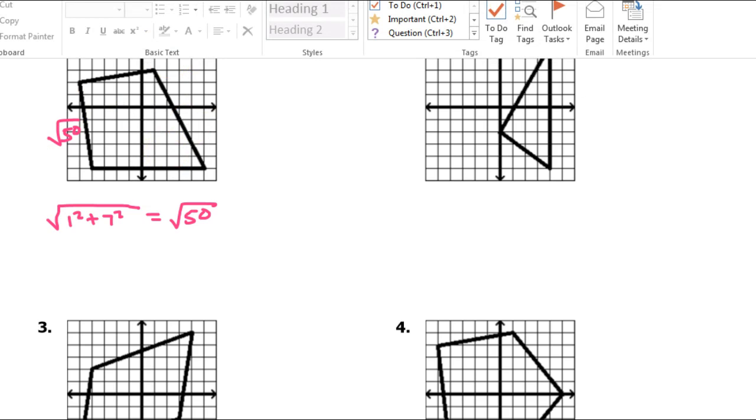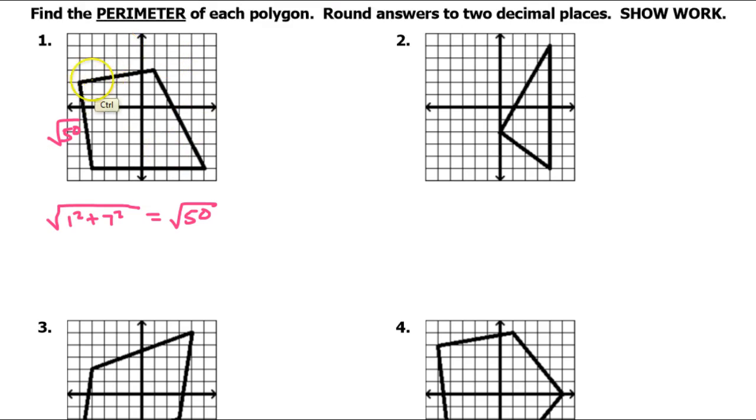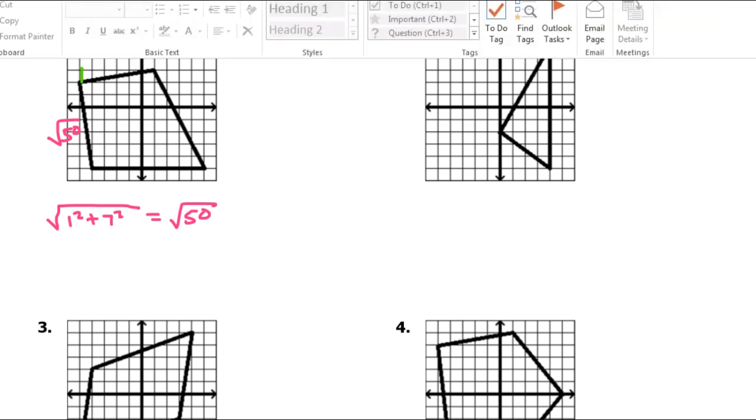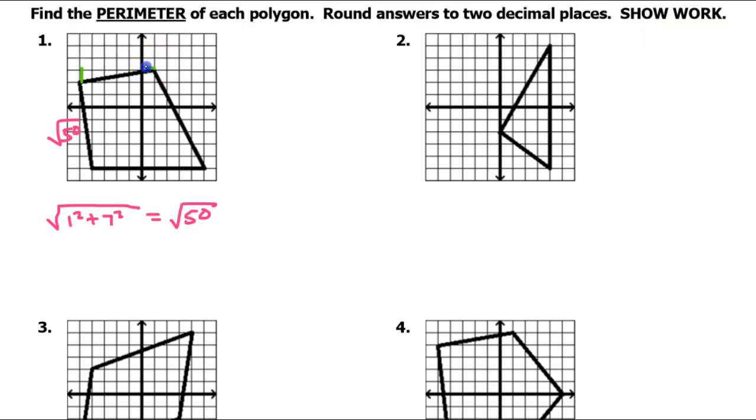I think I'll change colors as I go, so you can match my work to the side. So over here, I have sort of this little rise and run. Hold on, I didn't go all the way. Okay, like this. So the vertical is 1 and the horizontal is 6.